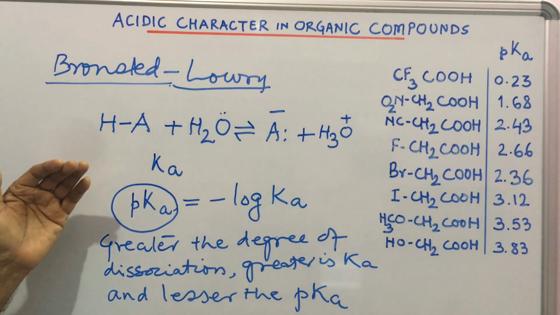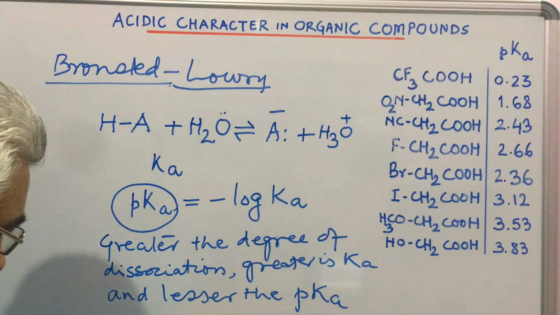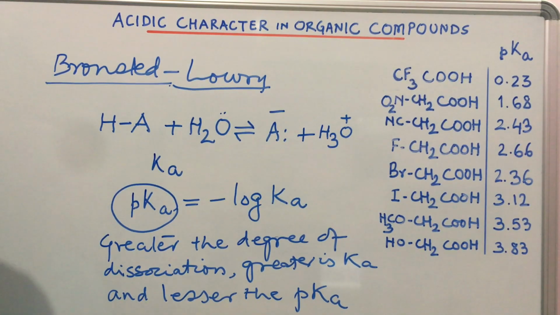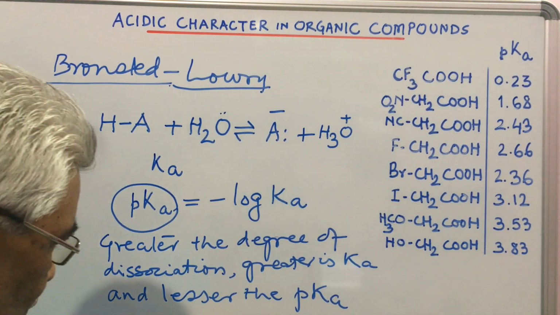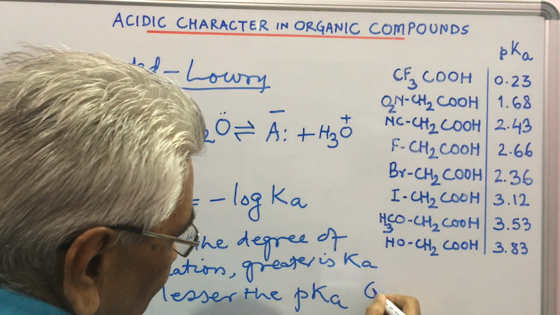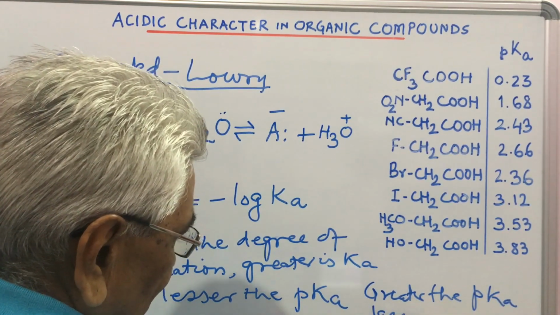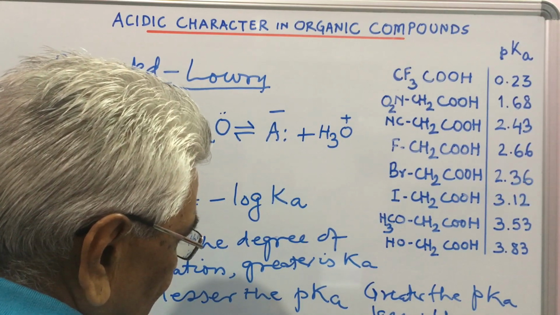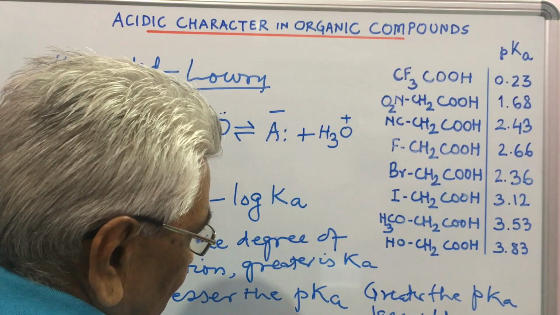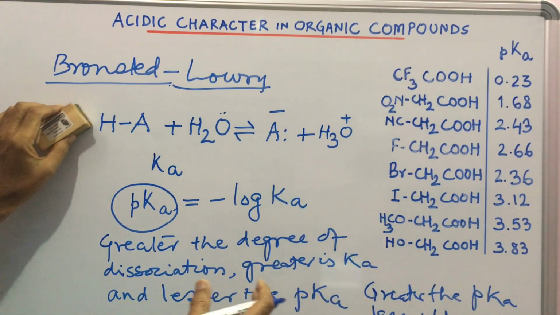So, inorganic acids have pKa values less than 2, they are all inorganic acids. From 2 to 10 pKa values, you have organic acids. So, greater the pKa, less is the acidic character. You must remember this. We will discuss this acidic character in terms of pKa in our discussion.